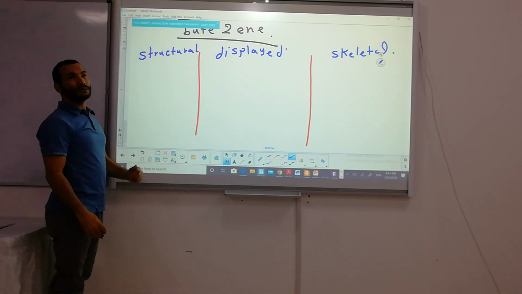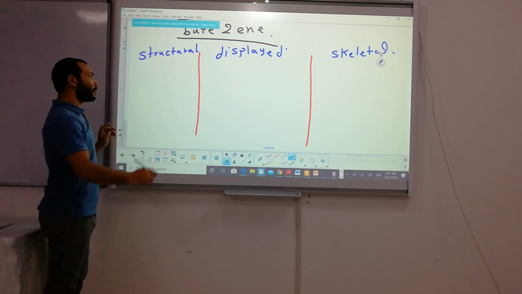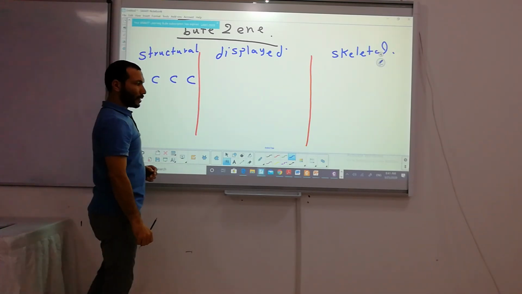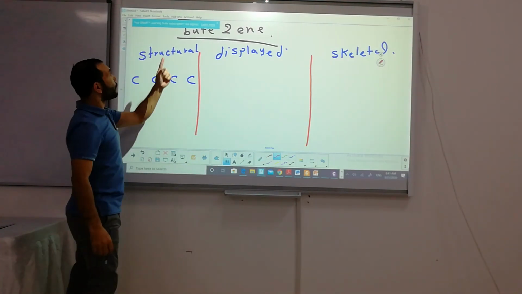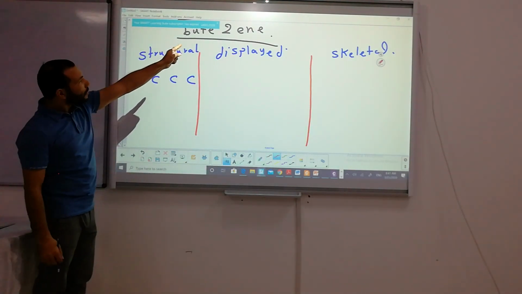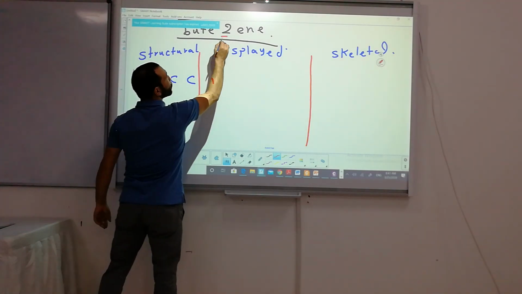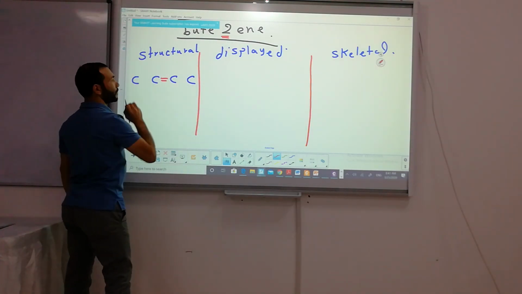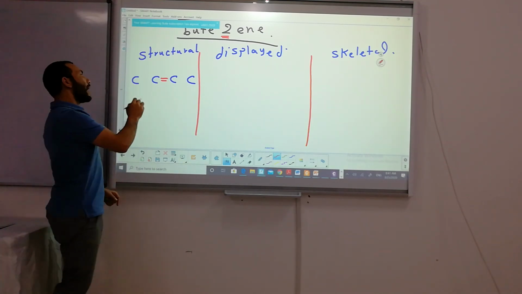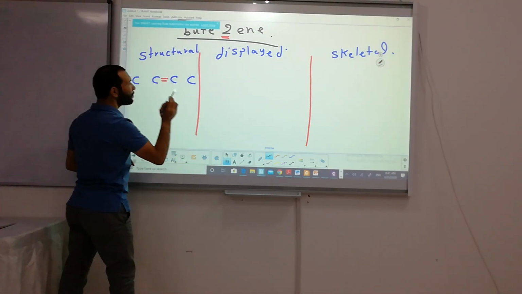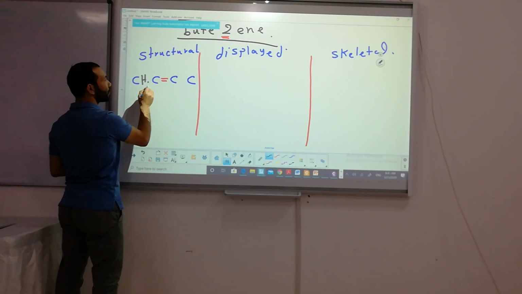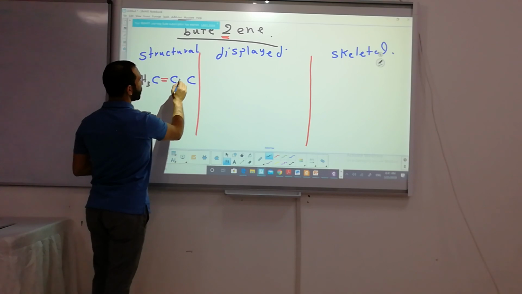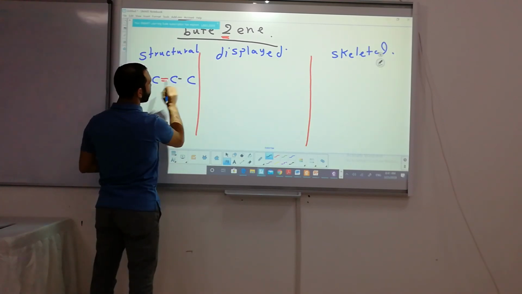How many carbons? But means 4. 1, 2, 3, 4. Number 2, where is the double bond? In carbon number 2. I'll put the double bond here in carbon number 2. And here I complete, I write CH3, C double bond, C. Here, of course, we have one bond.